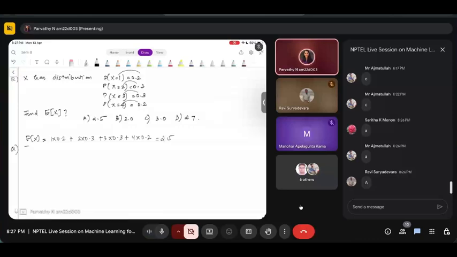For the same X here, what is variance of X? So the expectation of X, we know it is 2.5. Then what is variance of X?